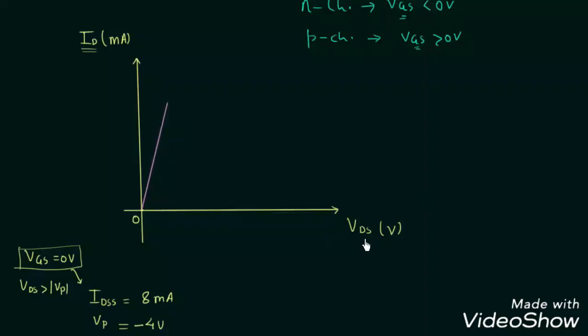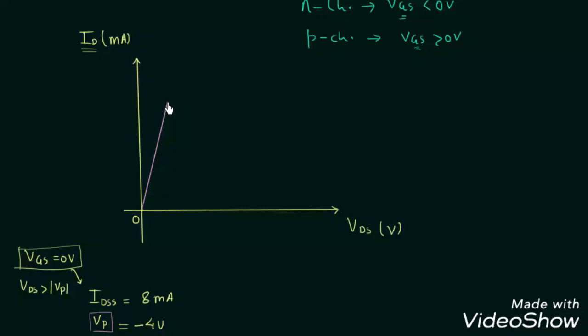If you increase VDS, the depletion region will also increase, and after some time it will appear that the two depletion regions are touching each other. And when this happens, the corresponding VDS is called as pinch off voltage VP, and the drain current ID will become constant because the channel will become very narrow, and if you increase VDS further, ID will not increase, it will remain constant.